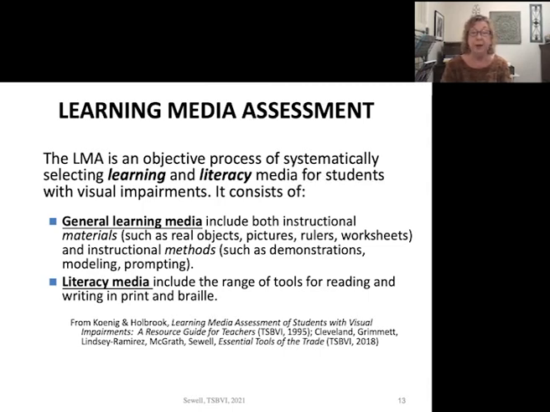So it's materials and methods. The methods could include demonstrations, modeling, prompting. The other thing that we glean from an LMA is literacy media, and that includes a range of tools for reading and writing in print or braille or any other kind of tactile tools they might need.